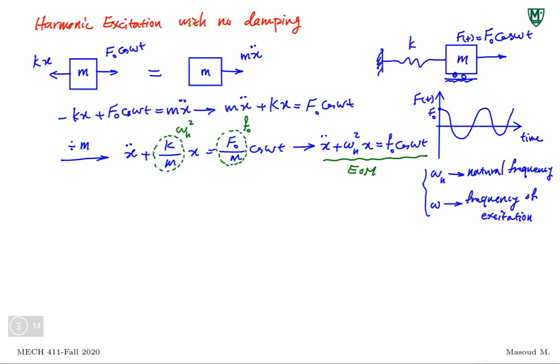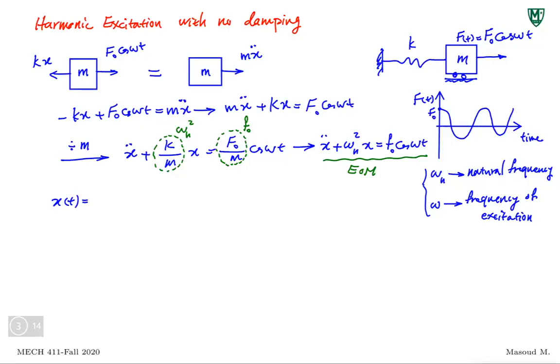Looking at the modified equation of motion, the left side is the homogeneous side. If the right side is 0, the extra part that makes this differential equation non-homogeneous is f naught cosine omega t.